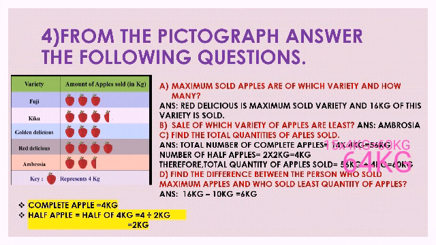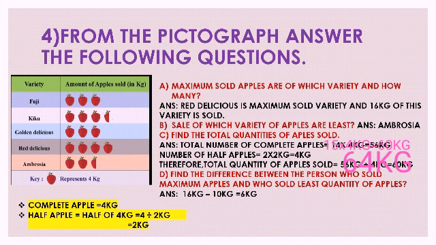So 4 4s are 16. Ambrosia, 2.5. 2.5 means how many kg? You tell me. 2.5 of an apple means how many kgs? If one picture of the apple means 4 kg, so 2.5 pictures of apple means how many kgs? You let me know in the comment section. Now let us come to the question.